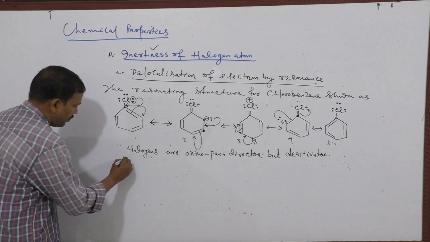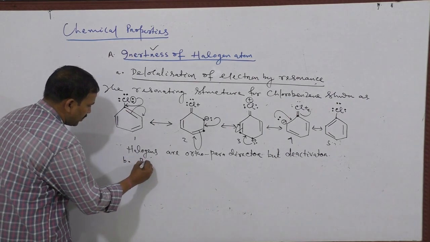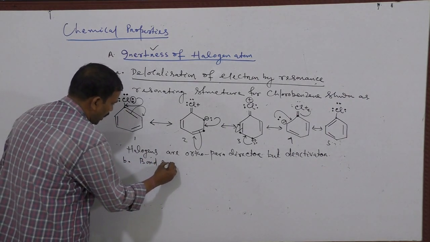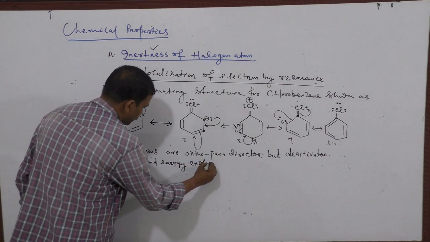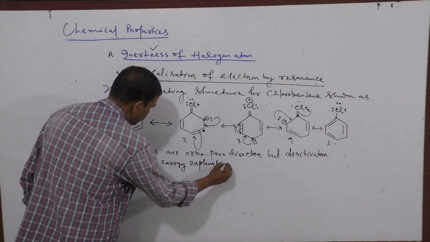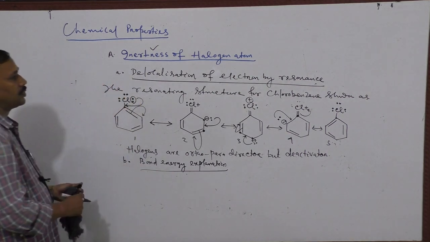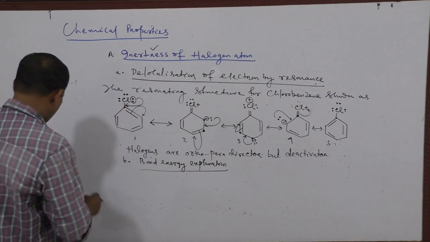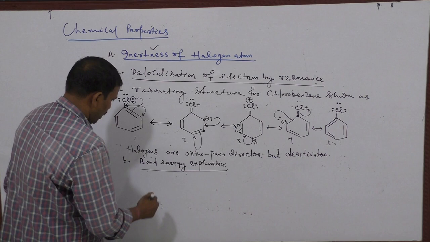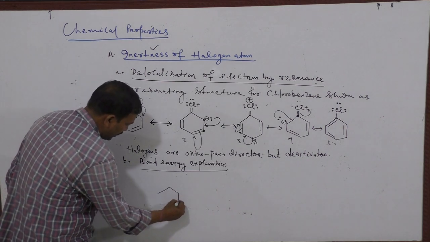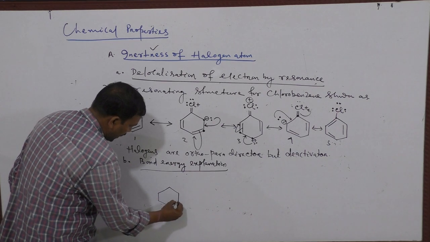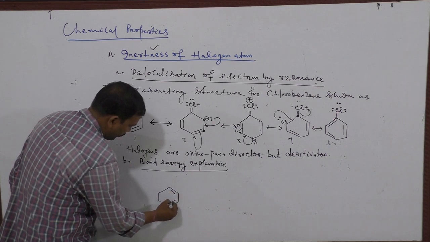Second is the bond energy explanation. We will now make a comparison. One is haloarene, another is alkyl halide.